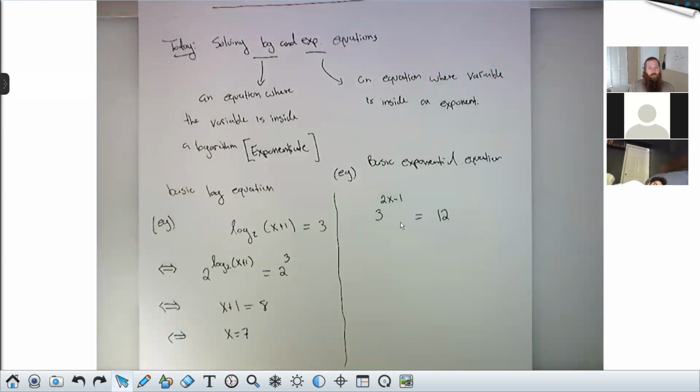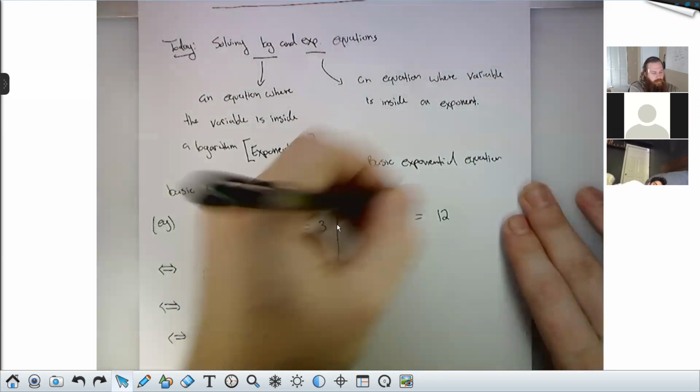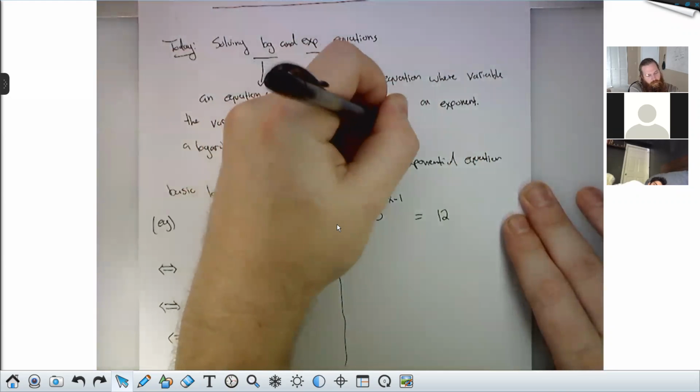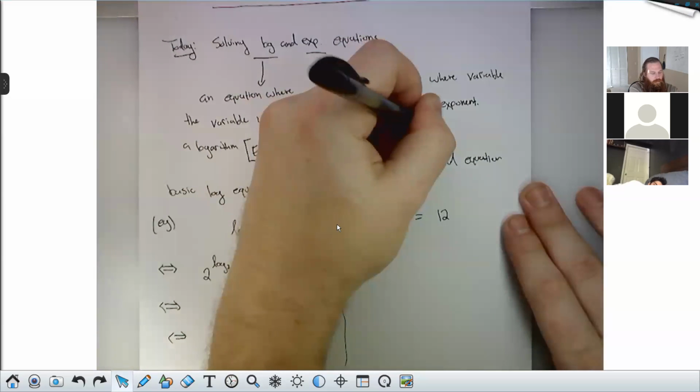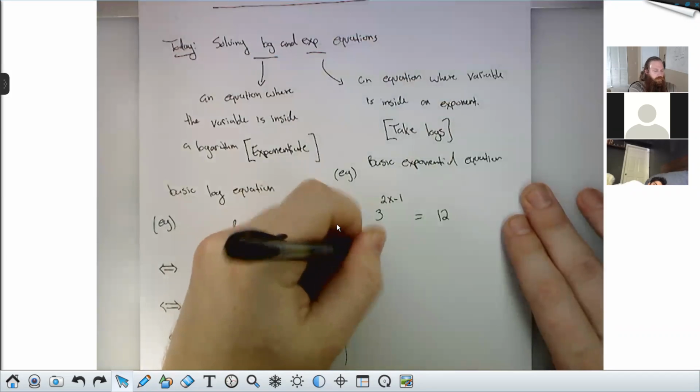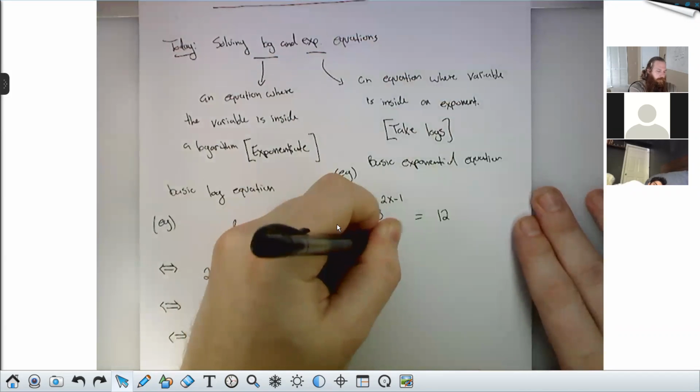So I could take the base 3 log or the base 2 log or the natural log on both sides. So here we will take logs. And here maybe I'll take the natural log. You can use whatever base logarithm you want.